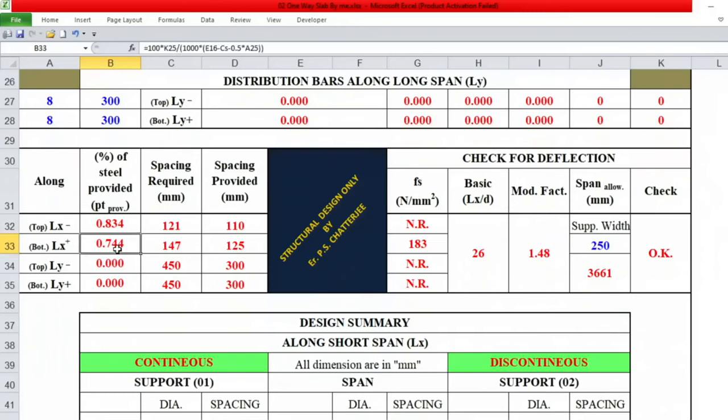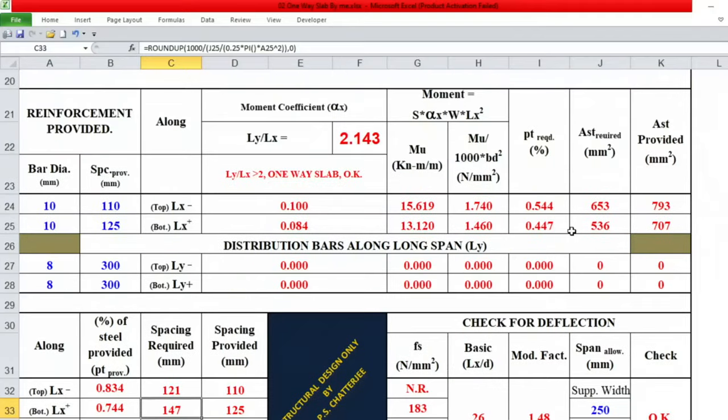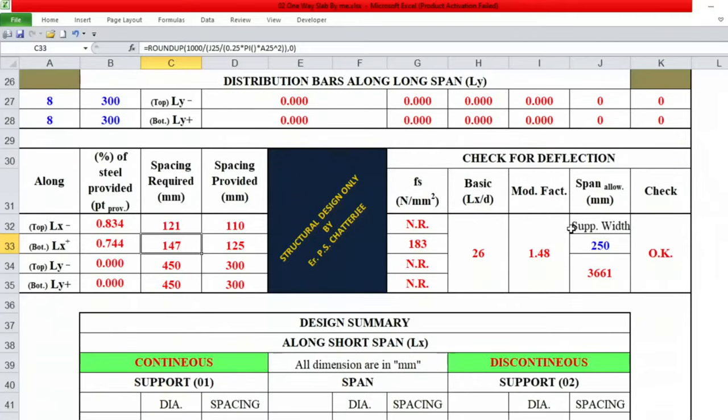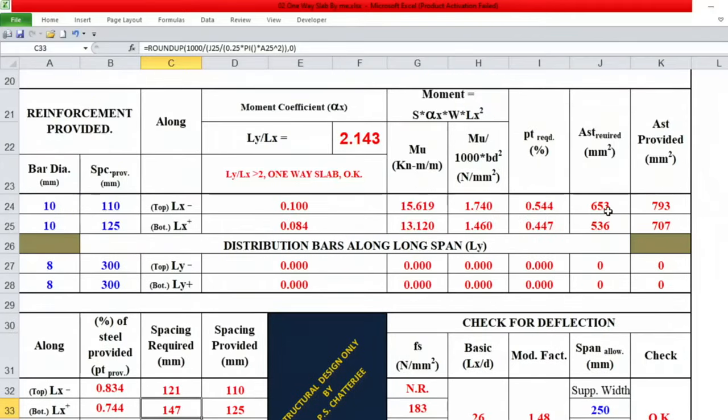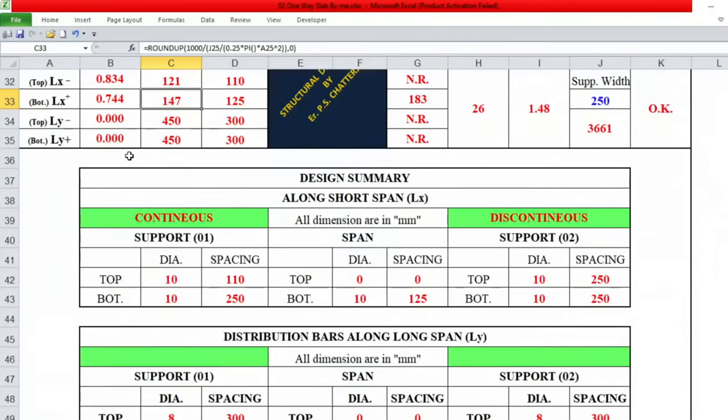Similarly for bottom reinforcement, the spacing required is equal to round up 1000 into Z25, that is this one, into pi by 4 d square, d is equal to 10 mm.